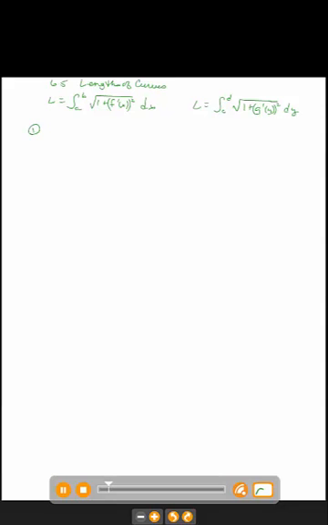So let's look at example 1. Find the arc length of the curve f of x equals x to the 3 halves between 0 and 4. If you graph it between 0 and 4, it just looks like this.